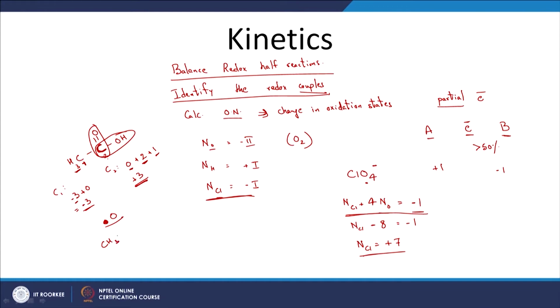The average oxidation state of carbon in acetic acid is 0, and how can we calculate that? It is CH3COOH: 2 times the oxidation number of carbon, plus 4 times the oxidation number of hydrogen, plus 2 times the oxidation number of oxygen, is equal to 0. So 2 times the oxidation number of carbon, plus 4 times 1, plus 2 times -2, is equal to 0.